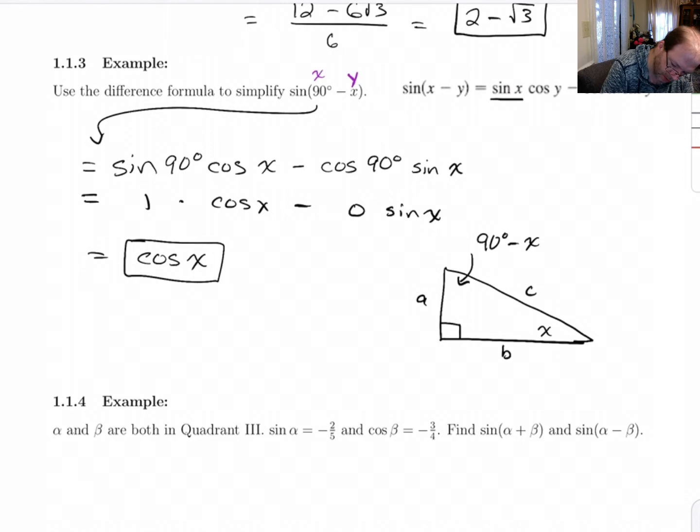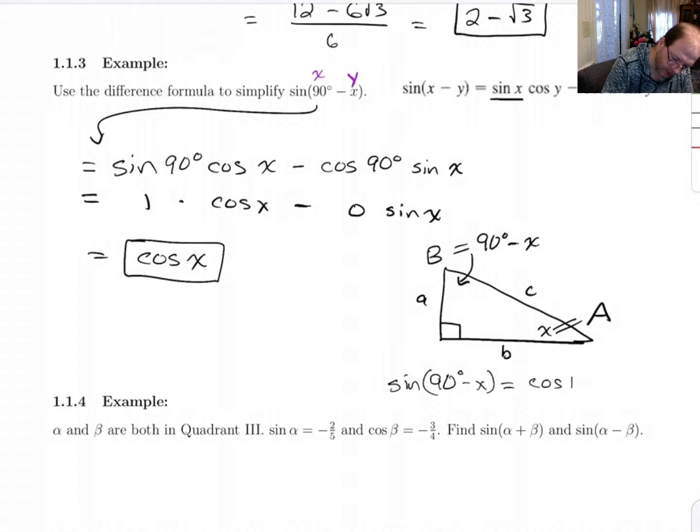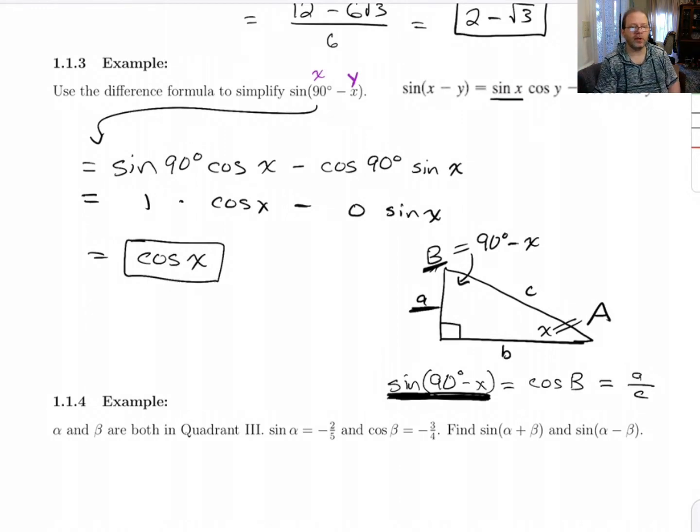Let's call this angle A, and this one up here B. We already know that sine of 90 minus x is equal to the cosine of b, because the sine of 90 minus x is the opposite over the hypotenuse, and the cosine of angle b is the adjacent side over the hypotenuse. And of course, opposite and adjacent swap when you go from one angle to the other. So anyway, that's just a way to sort of verify that formula.